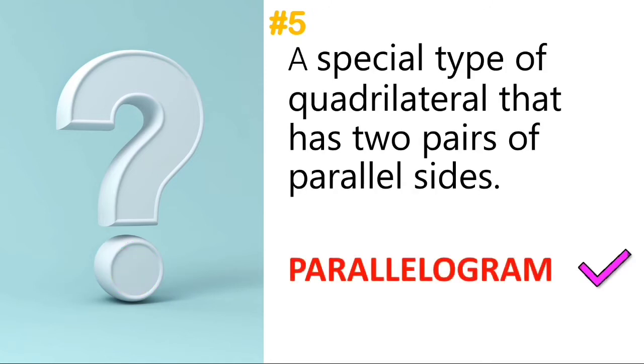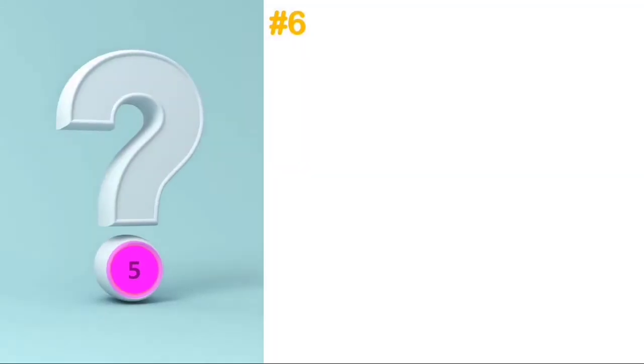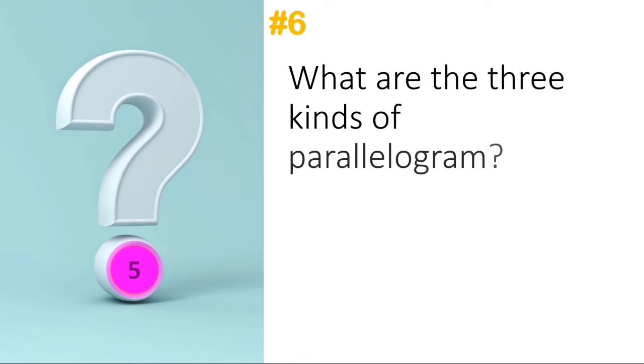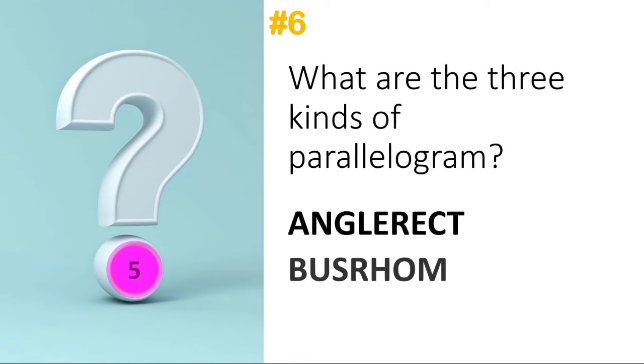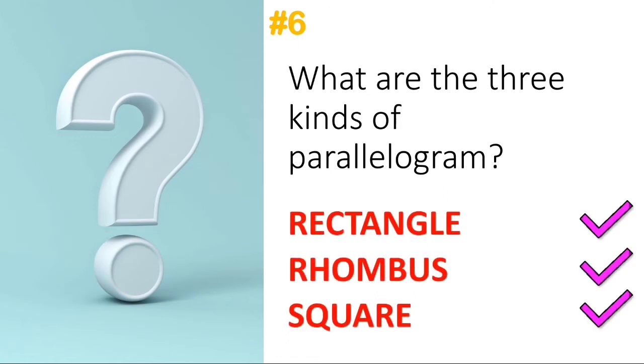Perfect. That is parallelogram. And last, number 6. What are the 3 kinds of parallelogram? Congratulations, you got it right. Rectangle, rhombus, and square are the kinds of parallelogram.